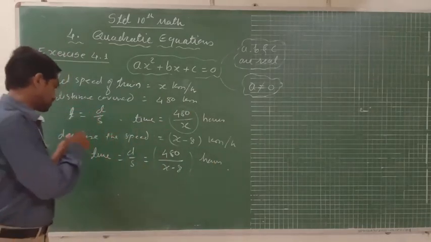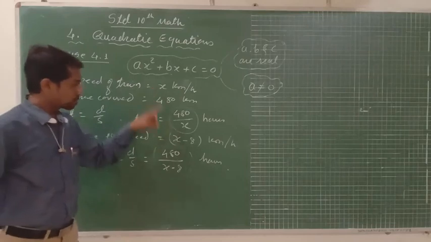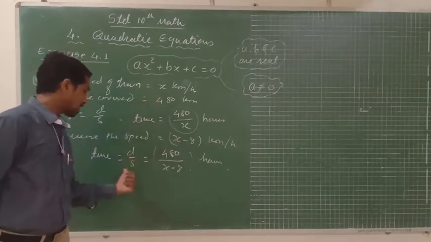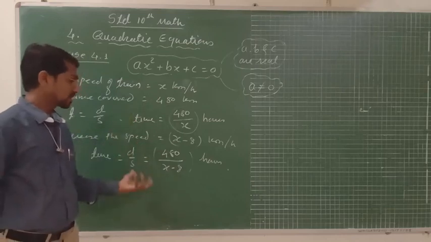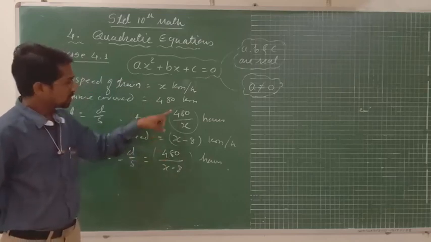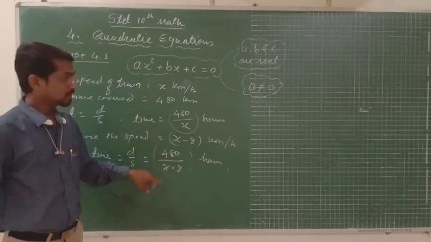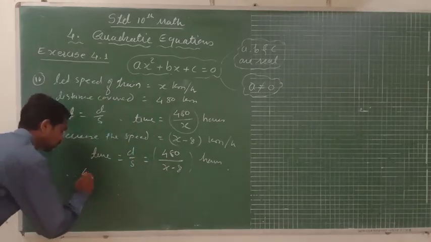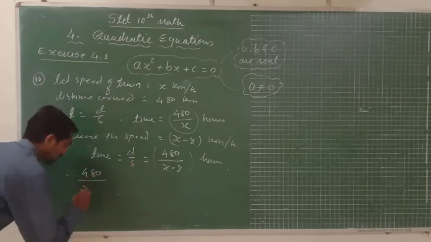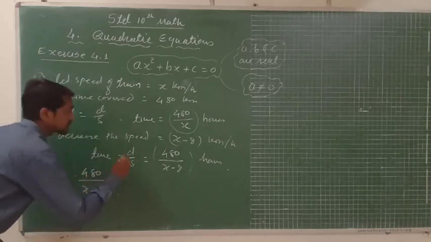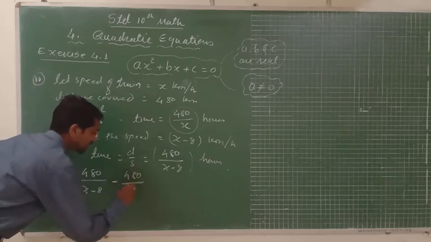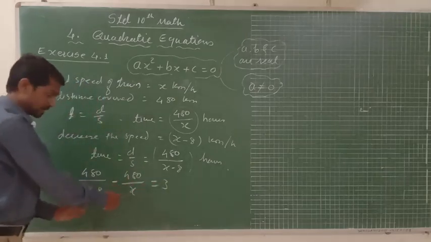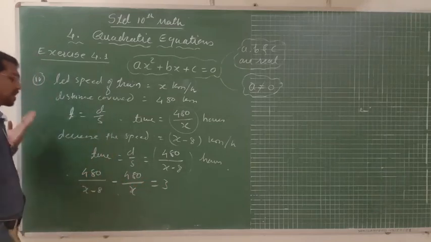So the difference of these two times is 3. Therefore 480 by x minus 8 minus 480 by x is equal to 3. The difference of these two times is 3 hours. And then we have to solve this one.